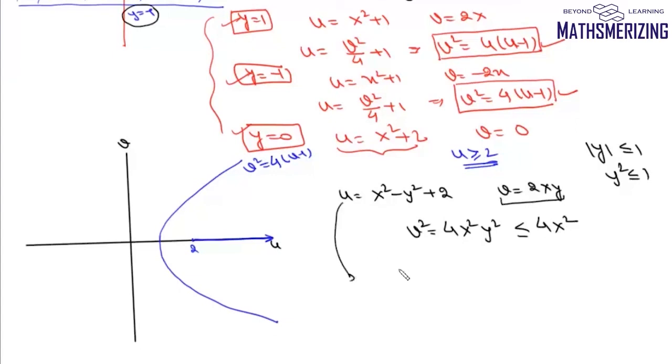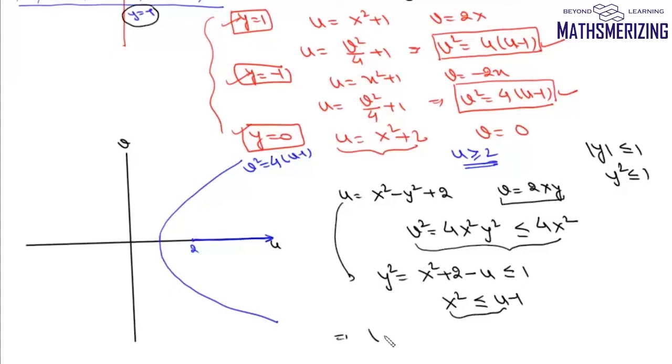Now from the first equation we can write y square as x square plus 2 minus u, and again it is less than or equal to 1. So from here we'll write x square is less than or equal to u minus 1. So now we have two inequality relationships: v square is less than or equal to 4x square and x square is less than or equal to u minus 1. So from these two we'll get the condition v square is less than or equal to 4(u minus 1). So for all the points in this input space, we are getting a condition where v square should be less than or equal to 4(u minus 1).